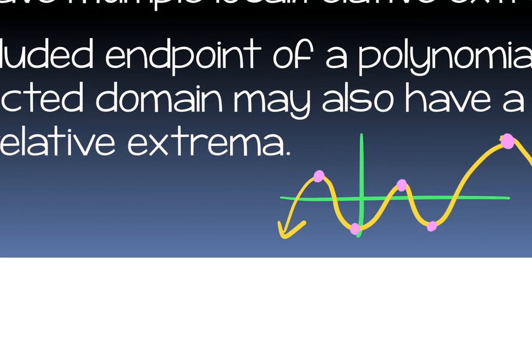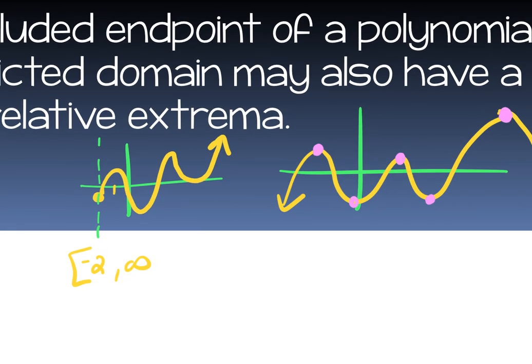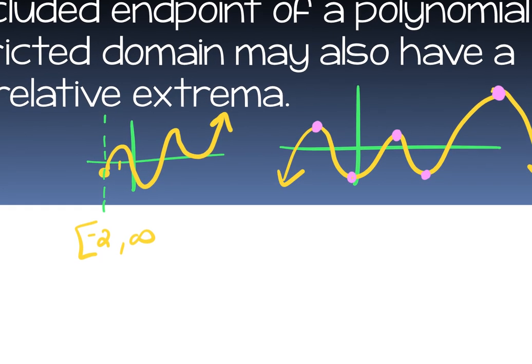But what can also happen is on the left there, it's a solid point. It doesn't go down and come back up again. But if my domain is restricted to that point, so if it said on the interval from -2 to infinity, as soon as I restricted the left side of that graph and it cut it off, that is considered a local minimum.